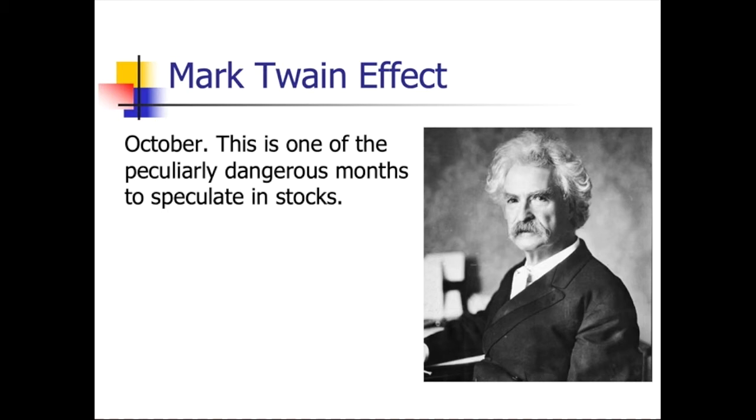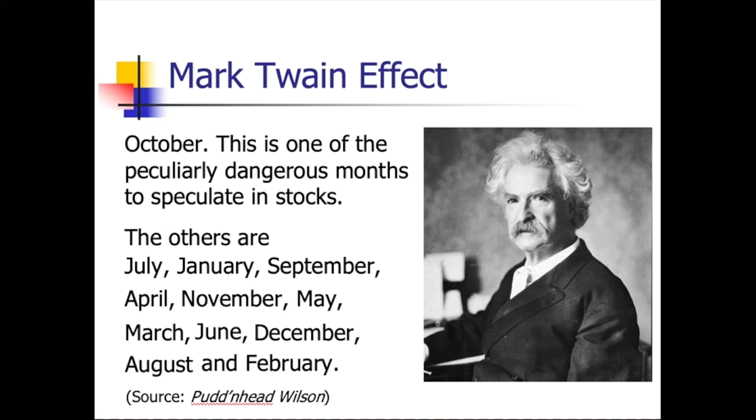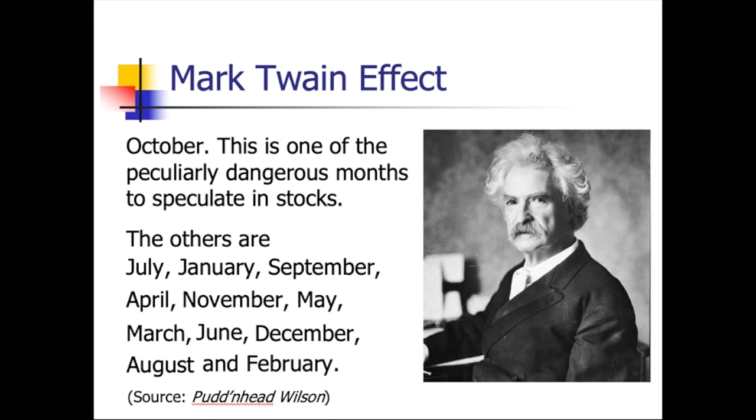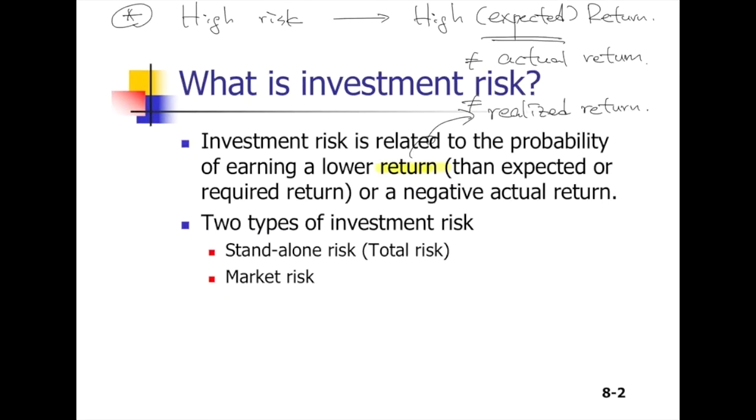And he also said the others are July, January, September, April, November, May, March, June, December, August, and February. He said all the months are dangerous. So it is a very sarcastic assertion that speculation in stocks is always dangerous. Maybe he lost a lot of money when he invested in stock. So in conclusion, the expected return and the actual return can be different.